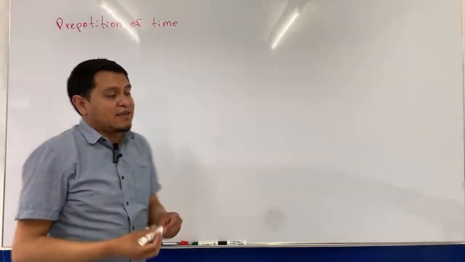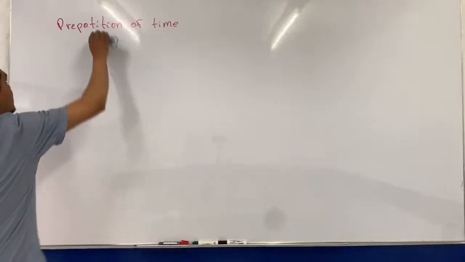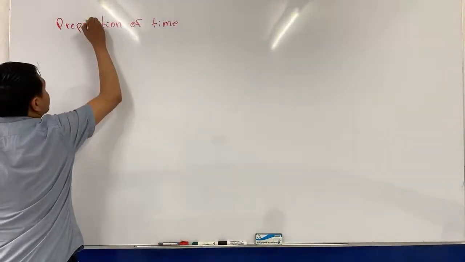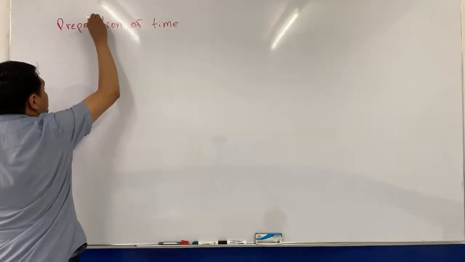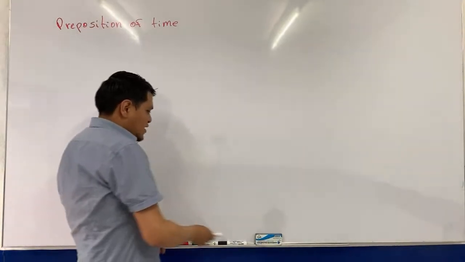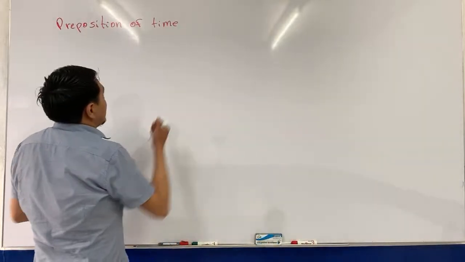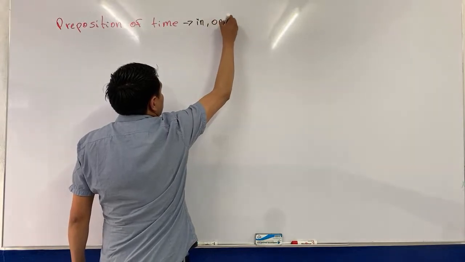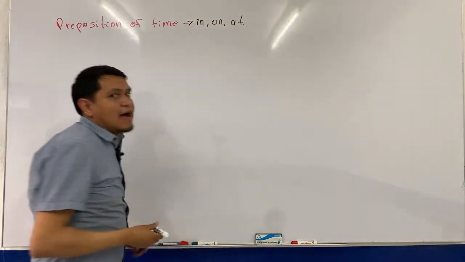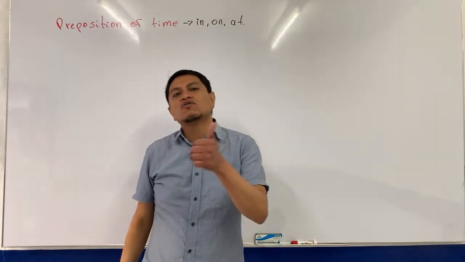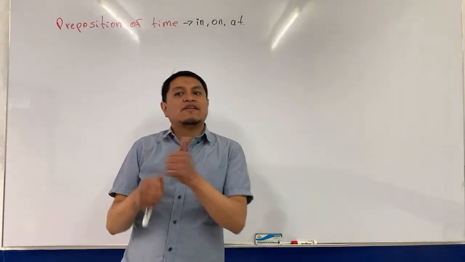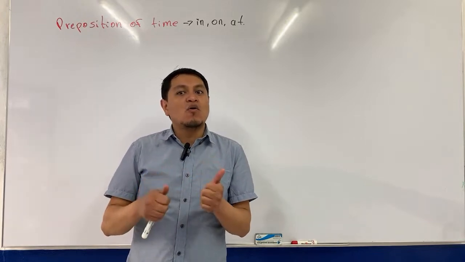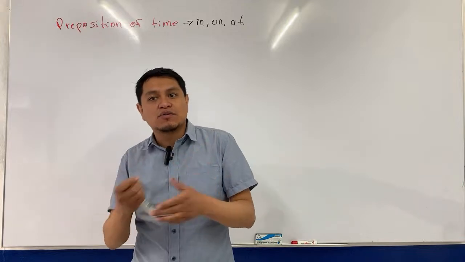Prepositions of time with in, on, at. How to arrange them in the sentence and when to use each one depending on what time we are talking about.